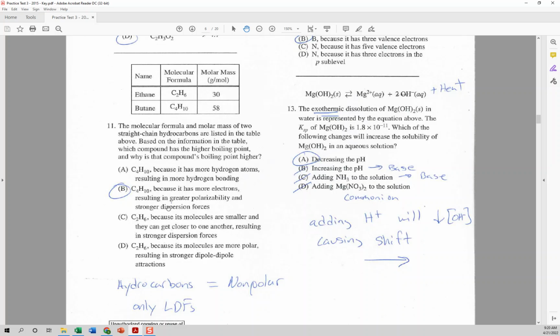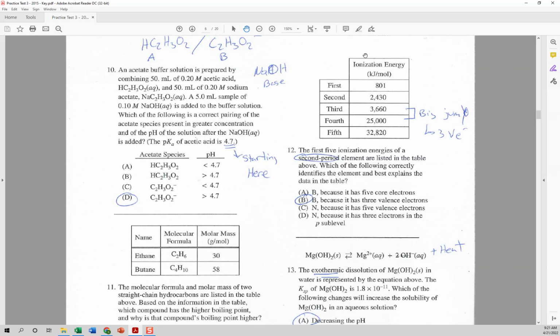They might say it's more polarizable, meaning at any given point in time there's a greater chance for it to be polar, which is kind of the same thing as London dispersion. An induced dipole versus a permanent dipole. Induced is a random dipole-dipole interaction, which is London dispersion. Okay, so just kind of those things. All right, but that's a pretty easy one.